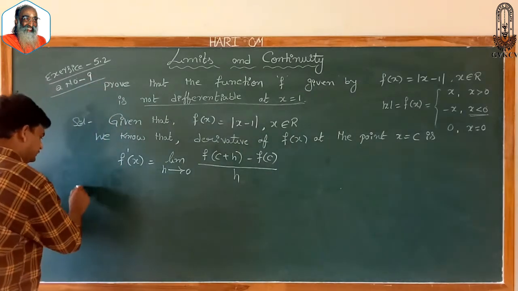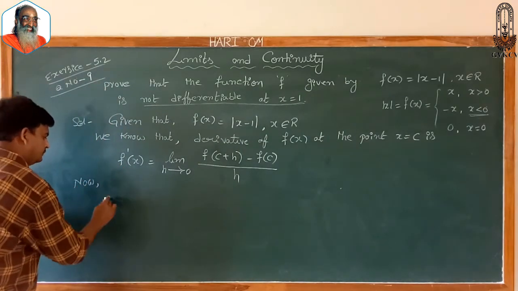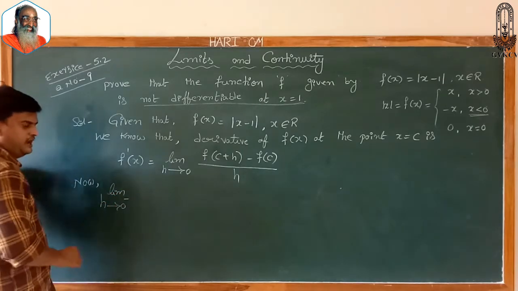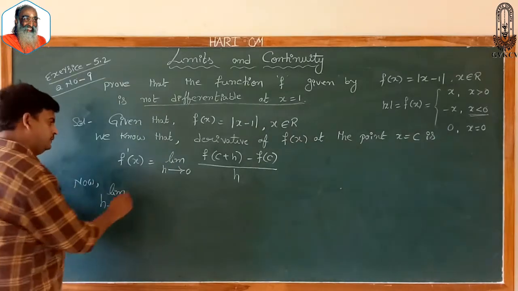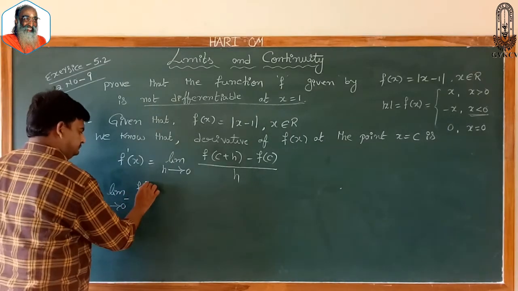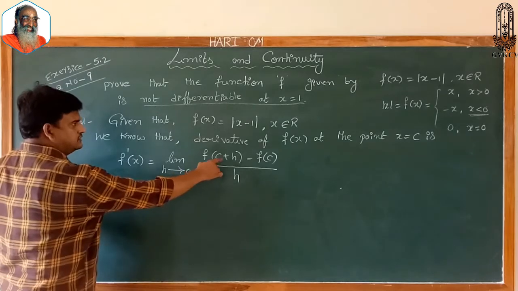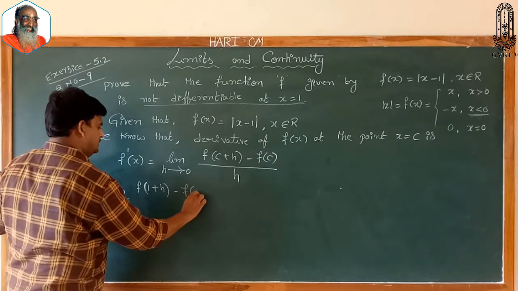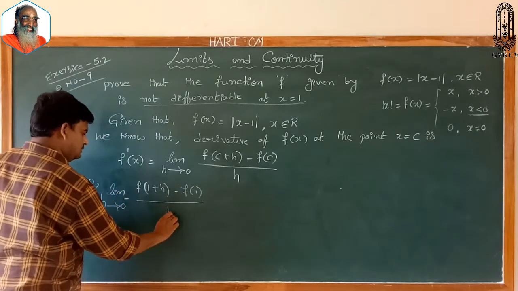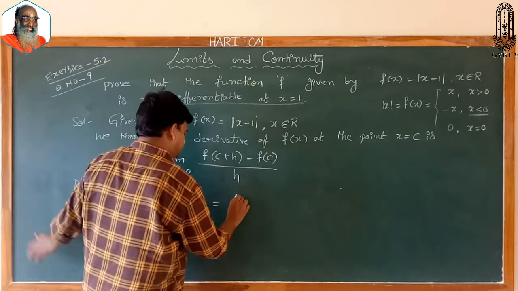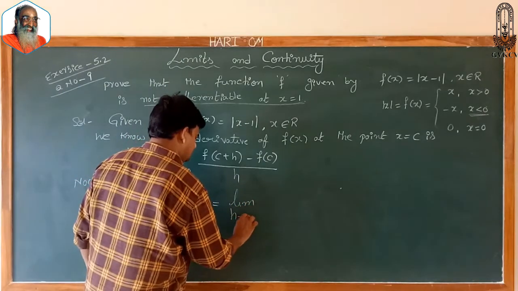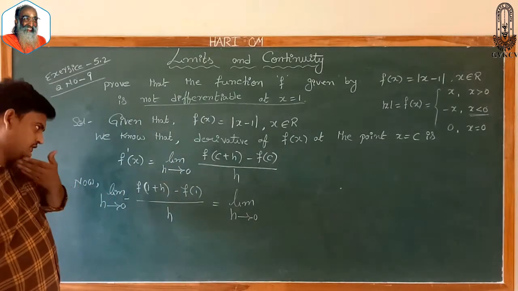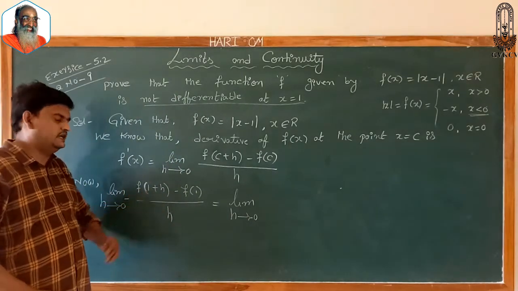Now let us see here. Limit h tends to 0 minus, the left hand limit. I know f of c, what is the value of c? 1. So f of 1 plus h minus f of 1, by h.